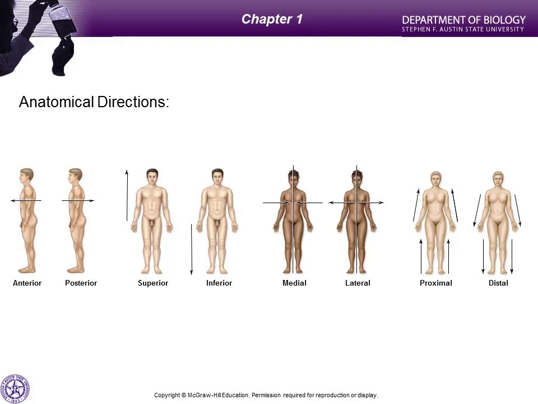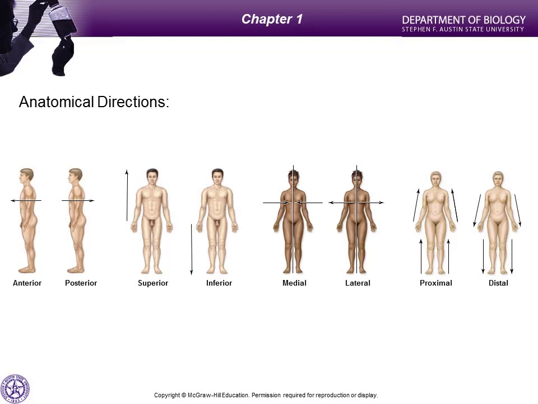Now, lateral and medial can also sometimes be used synonymously with these next two, proximal and distal. So the heart is medial, right? But as we move out on our arms and out on our legs, we can also talk about proximal and distal.